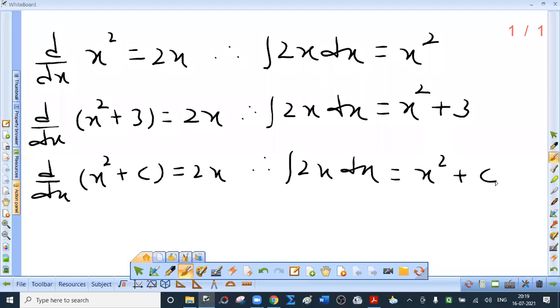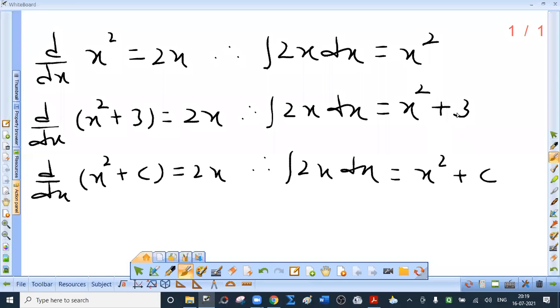Note that derivative of a function is unique, but its integral, if it exists, is not unique. And therefore it is called as indefinite integral. Of course, when you say integral 2x dx is x square, it cannot be sin x or log x or tan x.